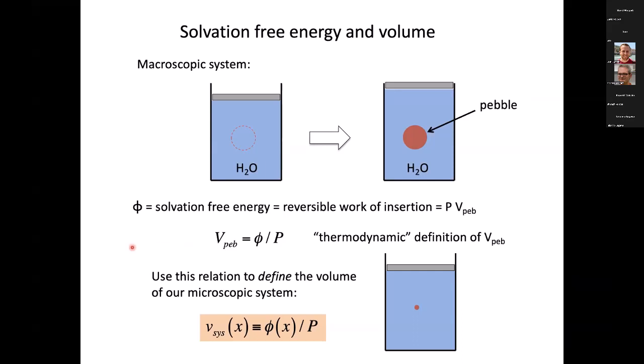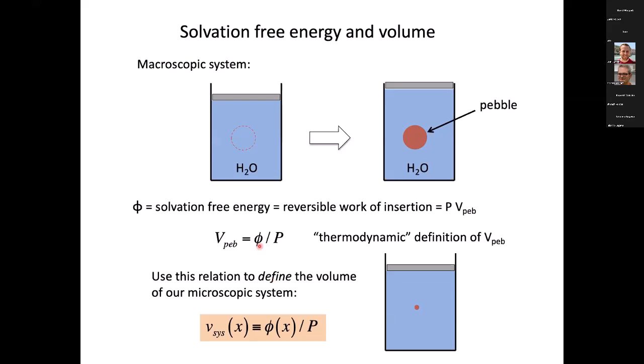Now, this may seem like just a way of complicating things, except that when we now go back down to a single molecule, the geometric volume of a single molecule is not unambiguously defined because we don't have a sharp surface to a single molecule. On the other hand, the solvation energy for a single molecule is very well defined.